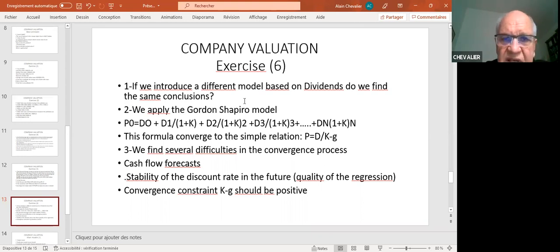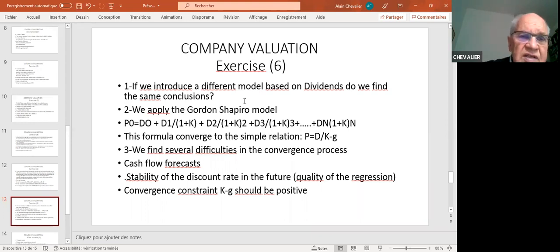Gordon-Shapiro model says the price of a share, the price a potential buyer, a potential new shareholder, accepts to pay today, is equal to the dividend which has to be paid in the future, discounted to the present time.